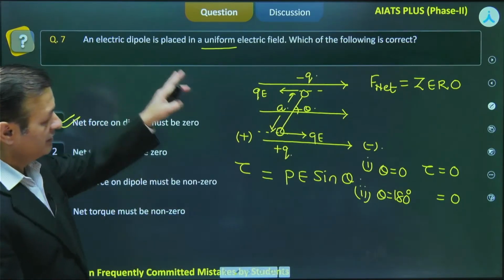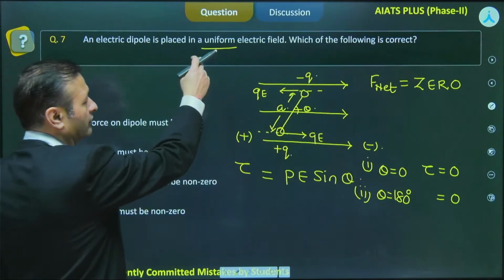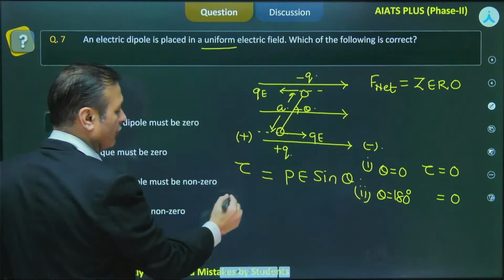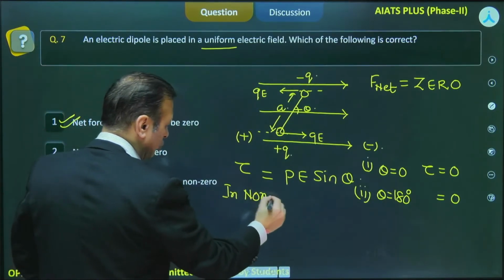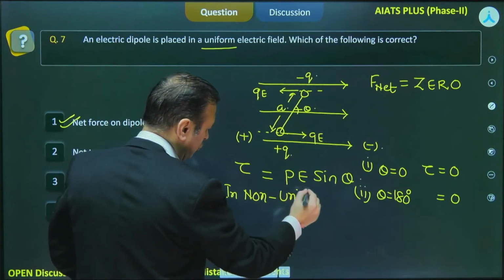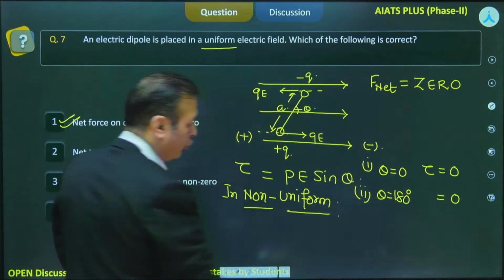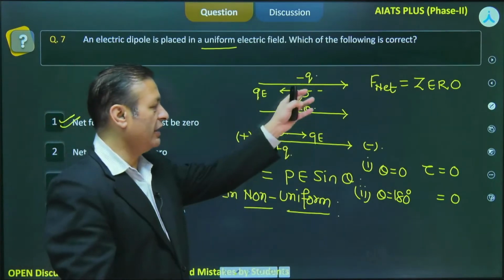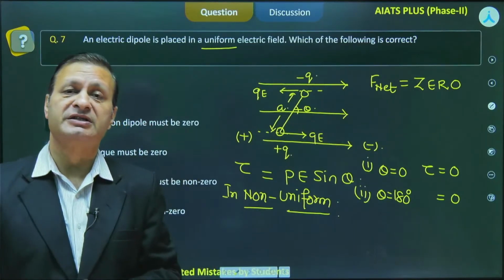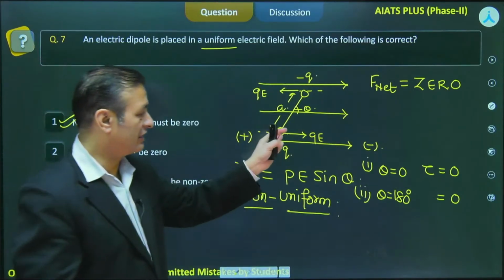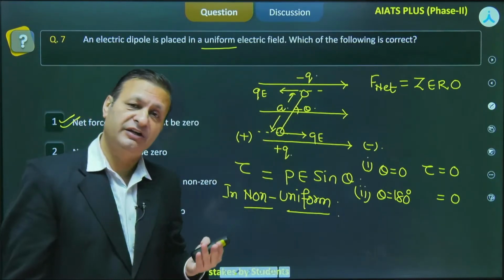I hope we have understood this concept. Now let's suppose I add on a non-uniform field. If you place the same dipole in a non-uniform field, the two ends may experience some net force, because the electric field at the two ends of the dipole may be different.